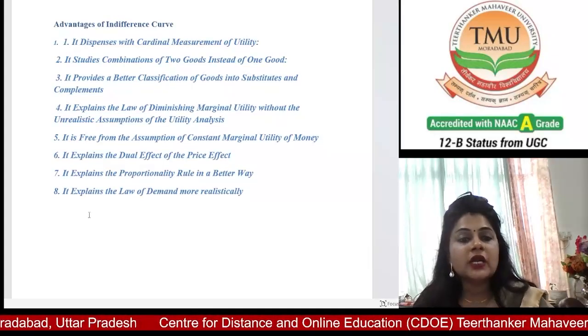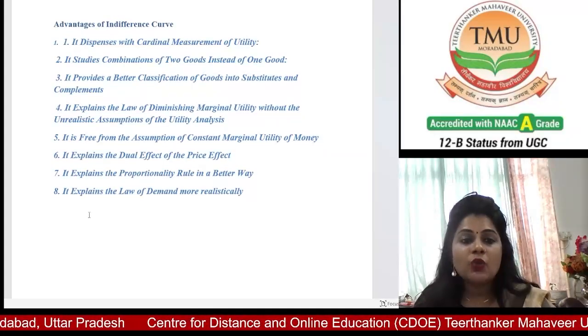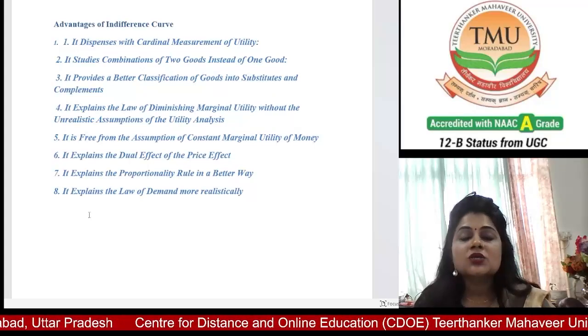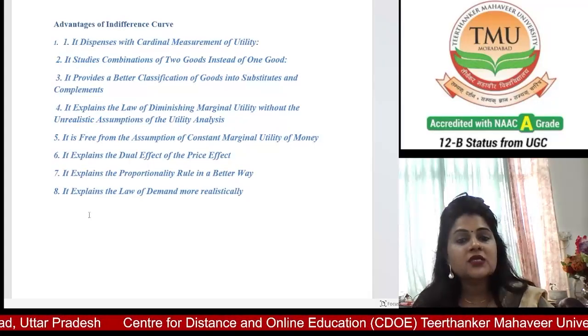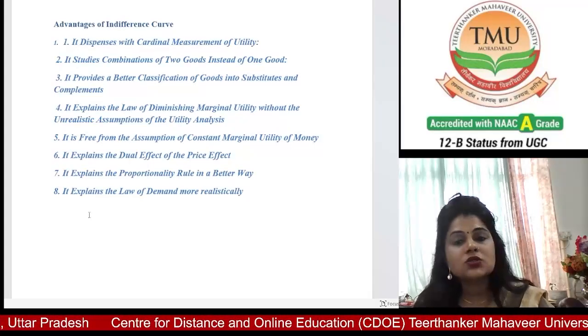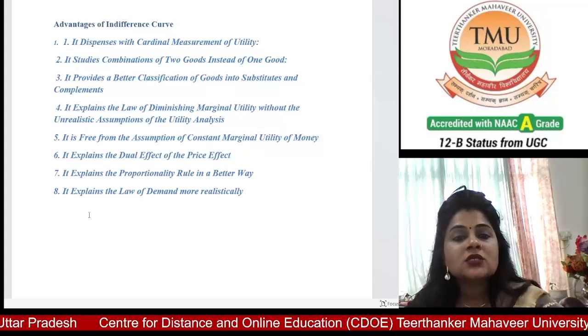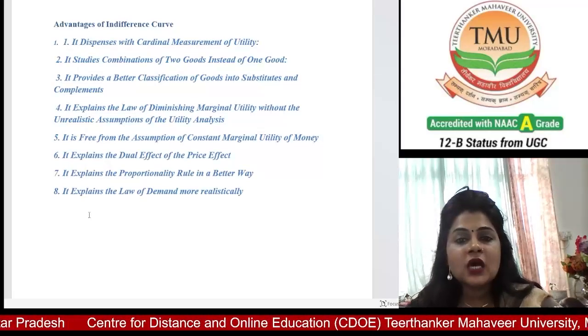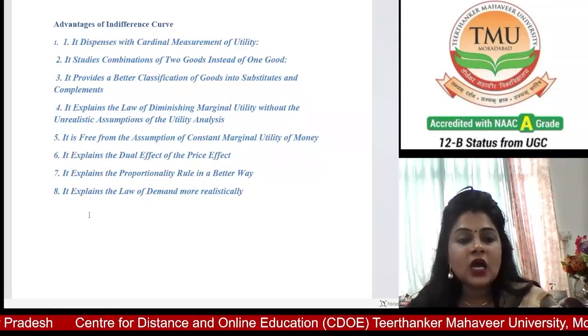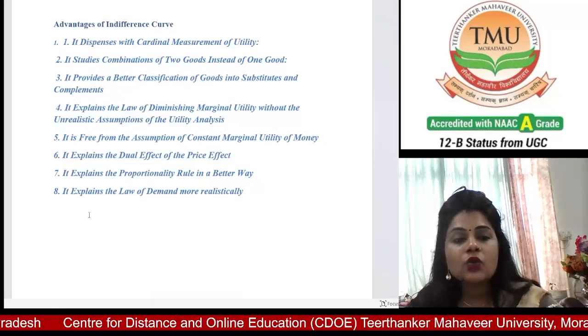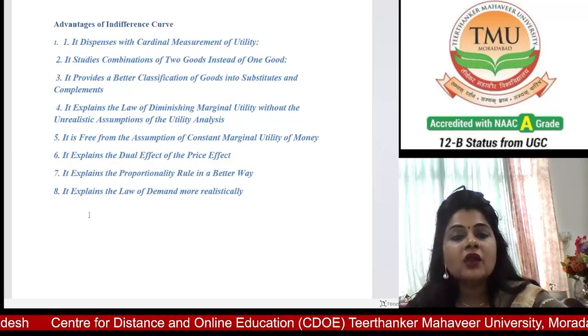It also studies the cross effect, when with the change in the consumer's income, the price of other goods also changes. Next, the indifference curve explains the proportionality rule in a better way.